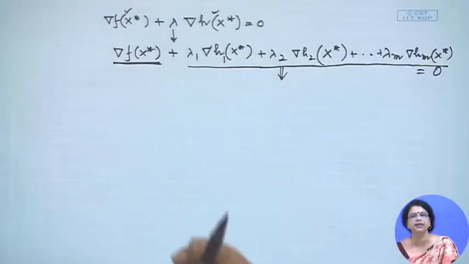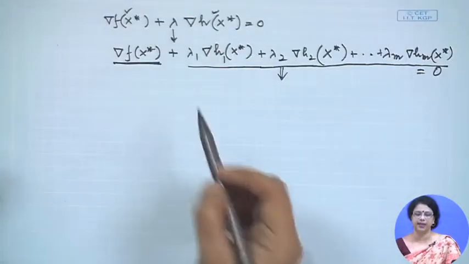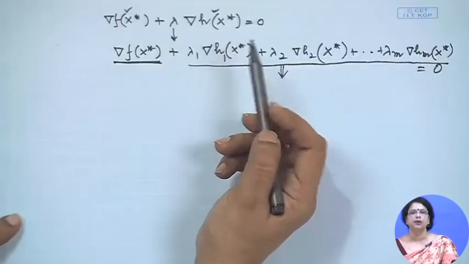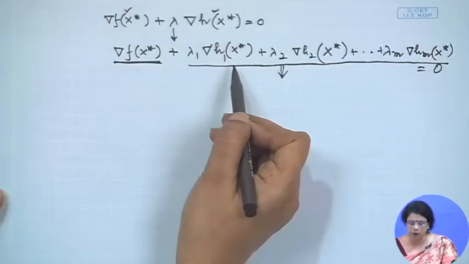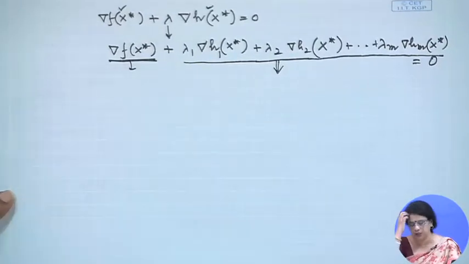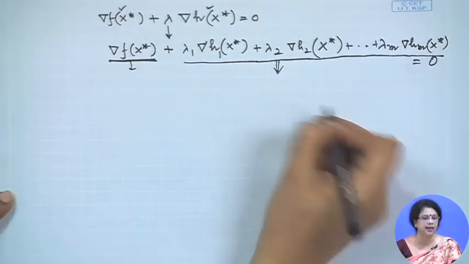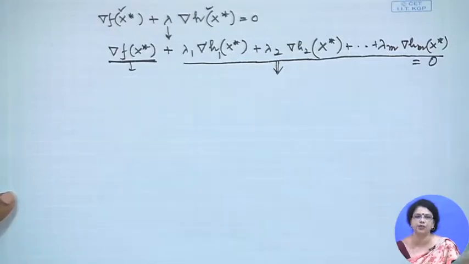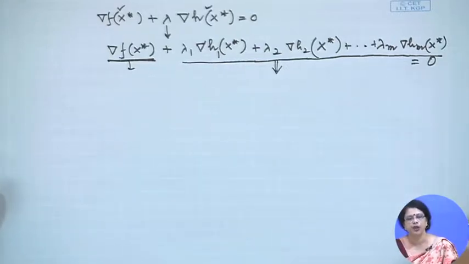Once we have an individual single constraint, we can say both are parallel. But if we have more constraints, what is the meaning of the gradient of the function being a linear combination of the gradients of constraints? All this meaning we need to understand one by one. For explaining those things, I am considering a few examples one after another.